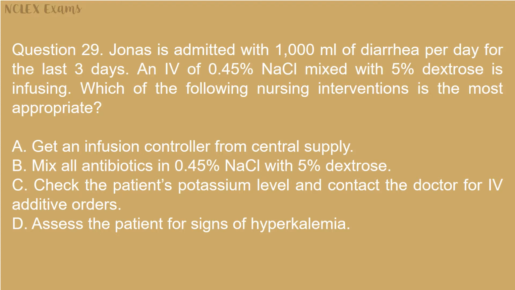A. Get an infusion controller from central supply. B. Mix all antibiotics in 0.45% NaCl with 5% dextrose. C. Check the patient's potassium level and contact the doctor for 4 additive orders. D. Assess the patient for signs of hypokalemia.